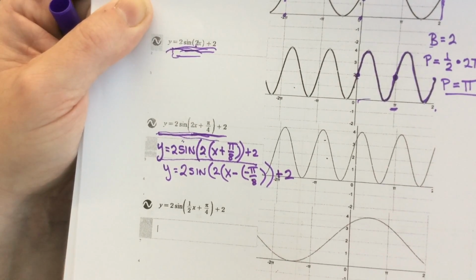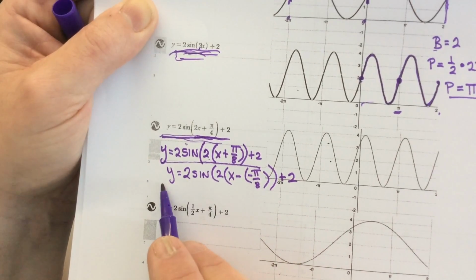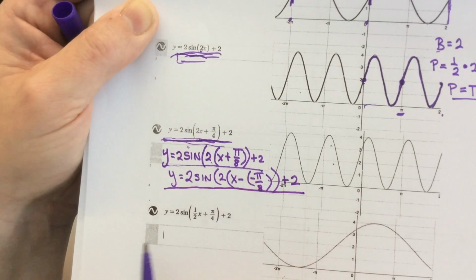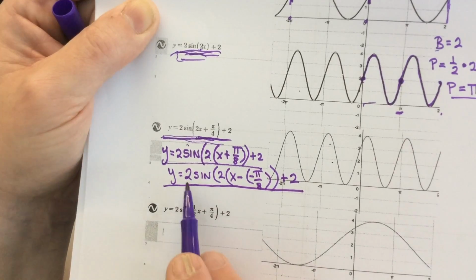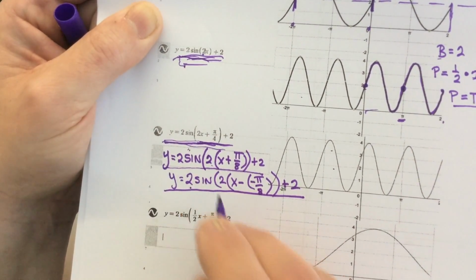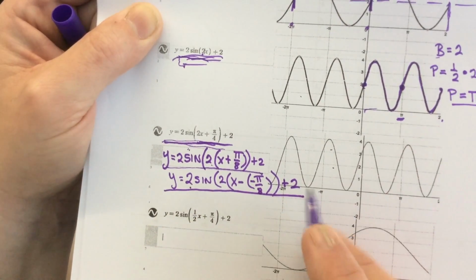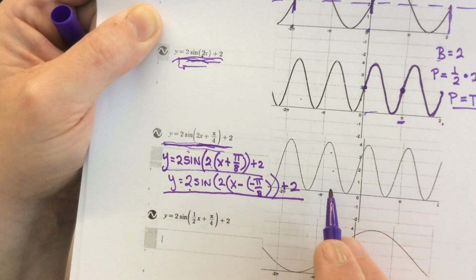The distinction's important. It needs to be in this form for the numbers to mean what we're saying they mean. So the only thing that's changed from here to here is that we're changing the position of the graph left to right.